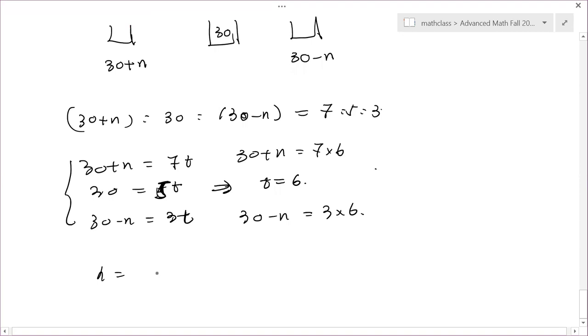So n equals 7 times 6 minus 30. It's 12 by the first equation.